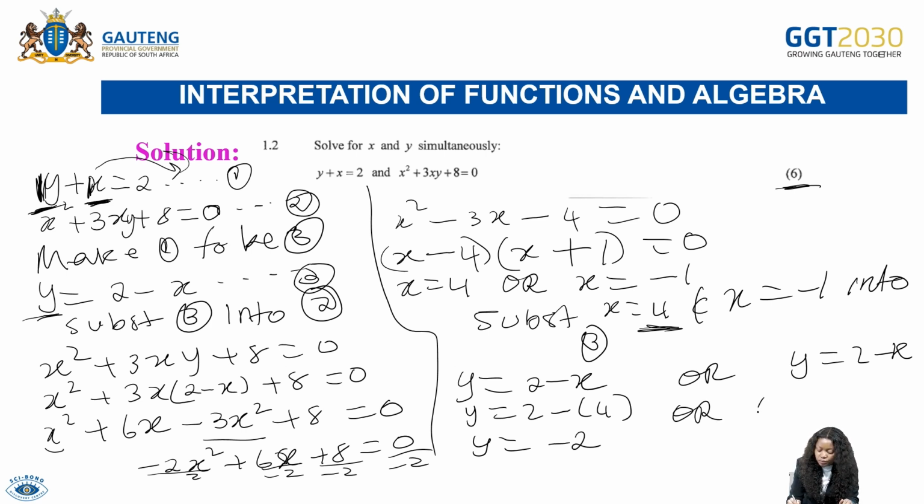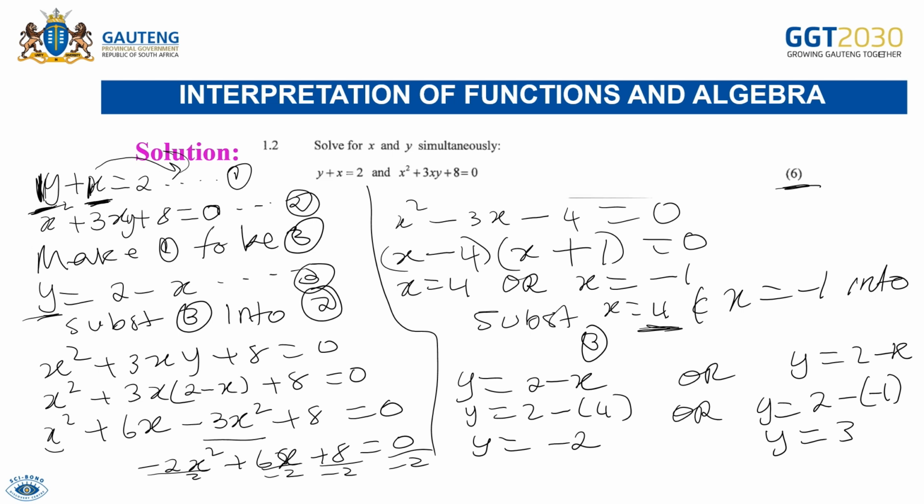Or y equals 2 minus, where there is x, you'll substitute negative 1. Then you'll get y equals 2 plus 1, which is going to be 3, because negative times negative gives you a positive.